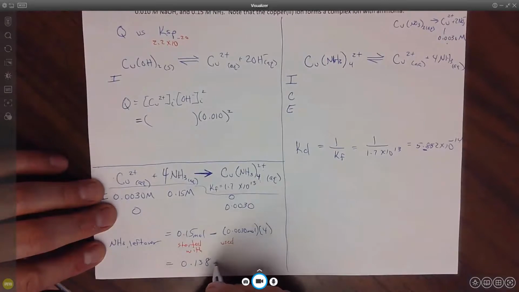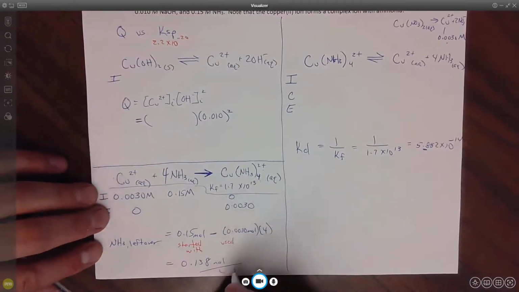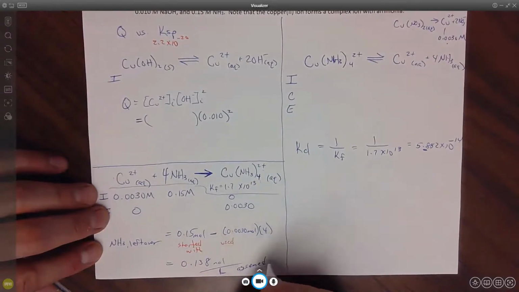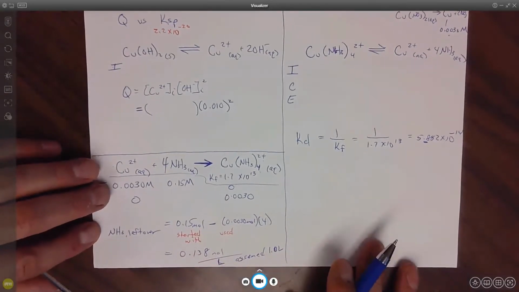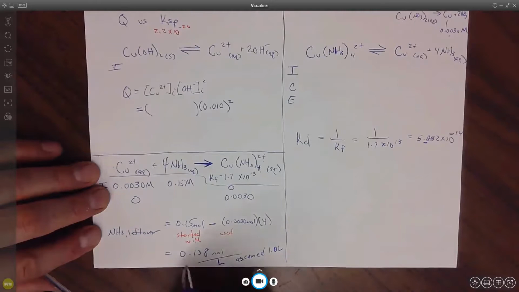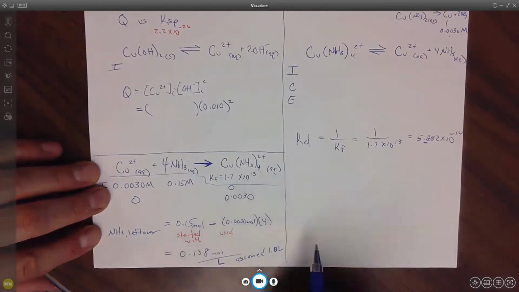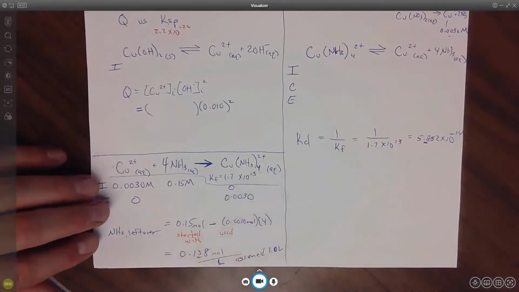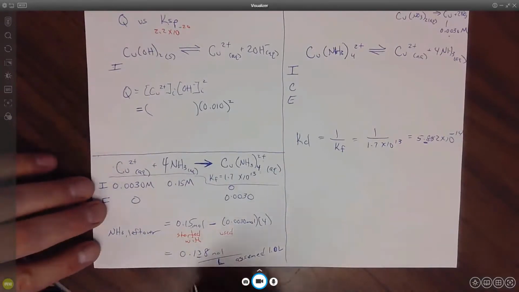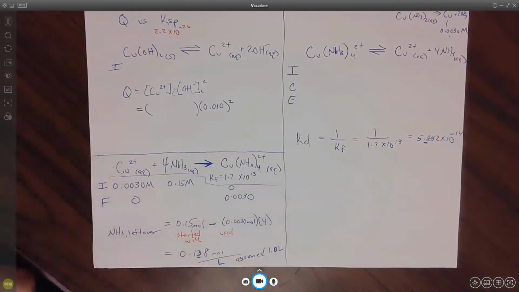Now this is moles, but again, we assumed 1 liter. So this would be our 0.138. And again, we're 2 past here. This one's going to be way past 2 past, so it'll just be 2 past. So it's going to be 0.13. So that's what's left over.